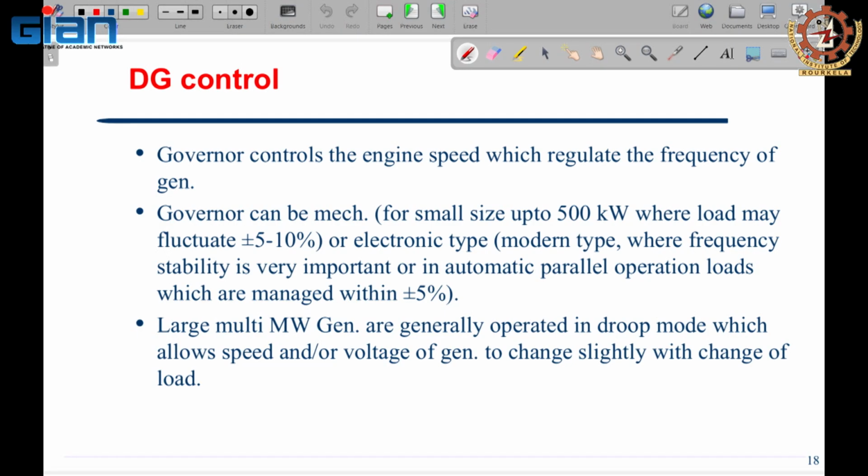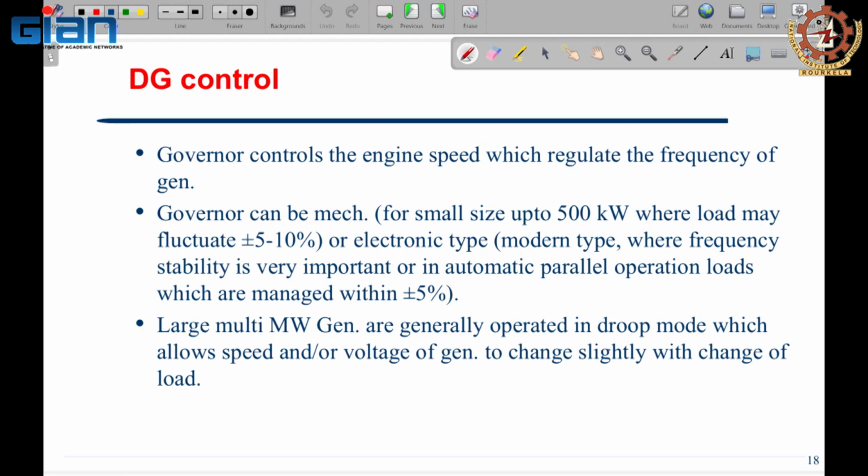All types of generators, small size generators, can have this mechanical type of governor, but the modern large size generators will have the electronic type of governor. Then of course the large size generators generally operate in the droop mode, which allows the speed and voltage of the generator to slightly change with the change of the load.